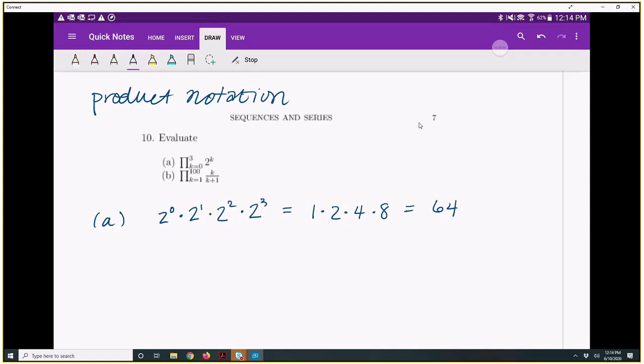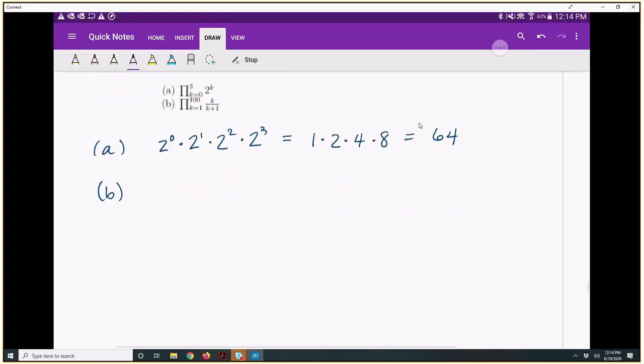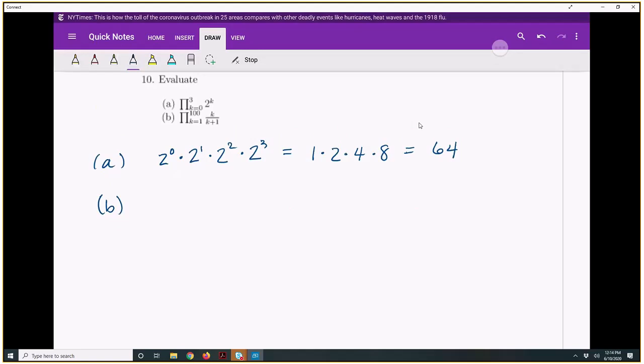We could also have something like in part B. Part B is asking us to take the product when the index k is running from 1 to 100. So that's a lot of terms. Let's just write out the first few and see what it looks like. First I'm going to replace k by 1, and this is 1 over 1 plus 1.